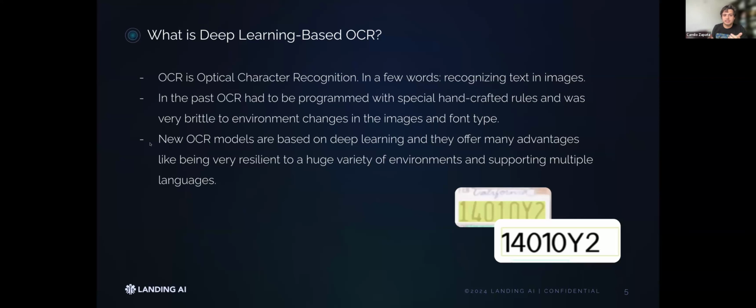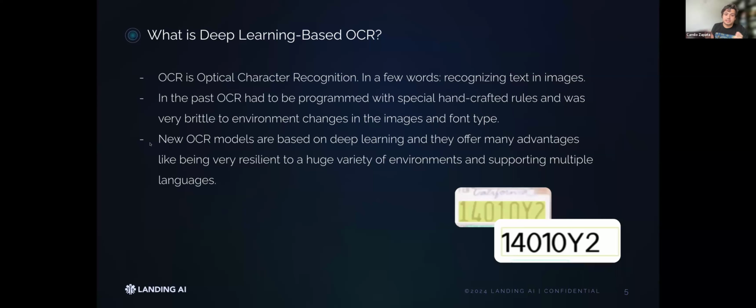New OCR models are mostly based on deep learning. With the deep learning models, as most of you might know, you just have a bunch of data with characters or text on them. It can be any language that you want, and then you just train a model with that, and the model learns how to detect this text in images.